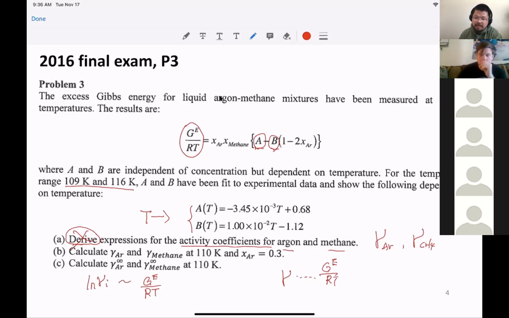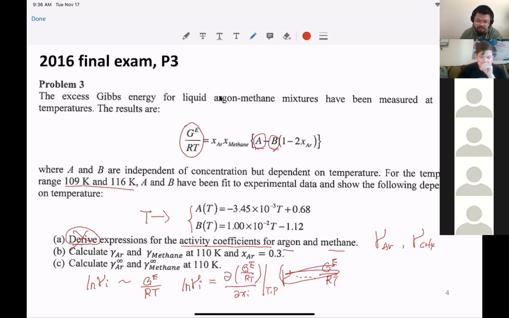So we have this pair as a partial molar, which means the activity coefficient is described by GE over RT at fixed temperature and pressure. All right, so this is the pair we have.